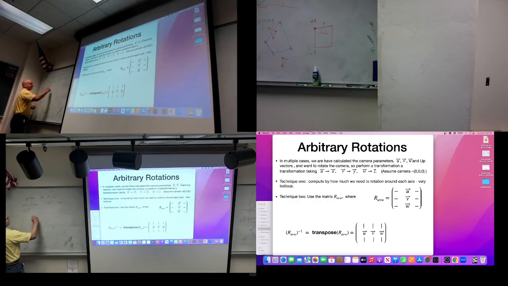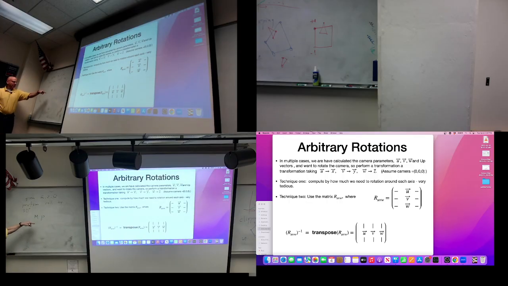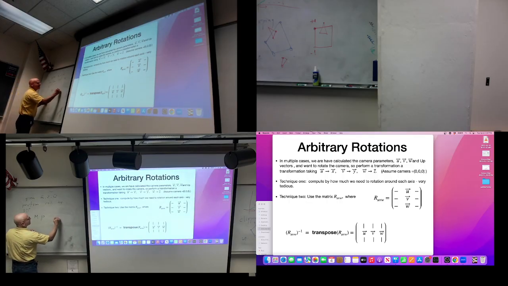I want to be able to say M times P would take P and rotate it by 30 degrees with respect to UVW, like rotate roll of P.